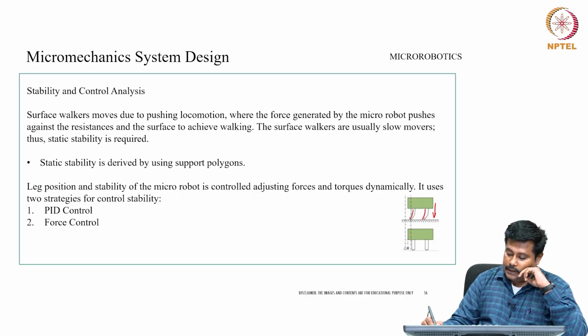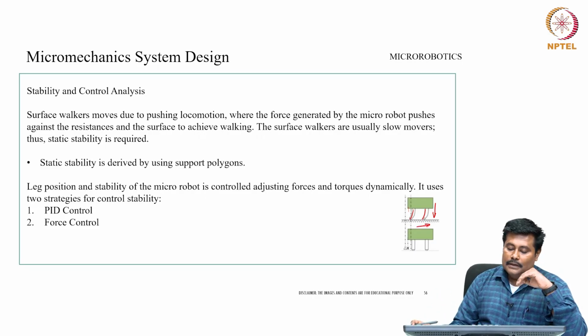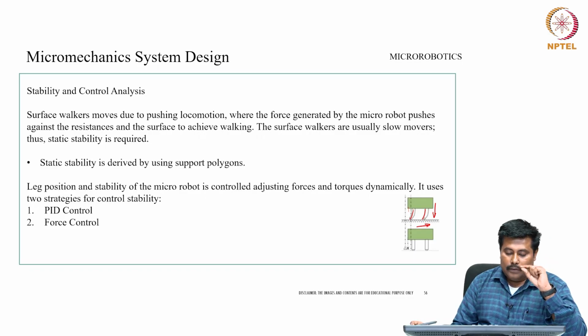Initially the surface walker is at this particular position, and it is pushing. The surface walker moves due to pushing locomotion, where the force generated by the micro robot pushes against the resistance and the surface to achieve walking. Surface walkers are usually slow movers, thus static stability is required.